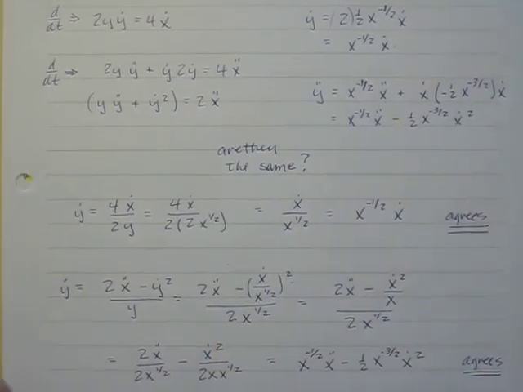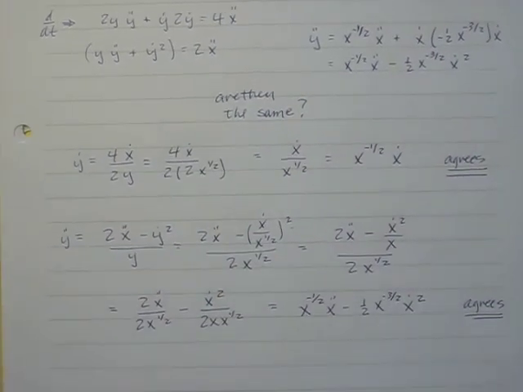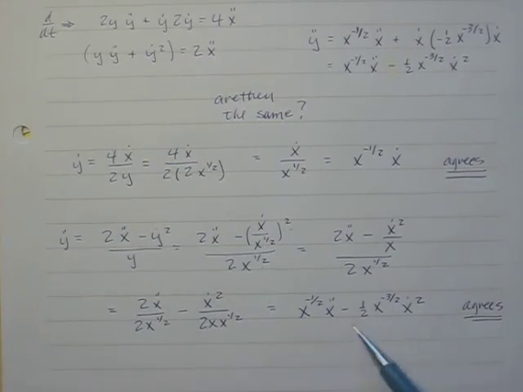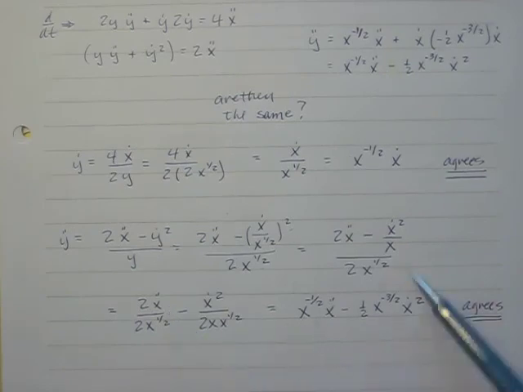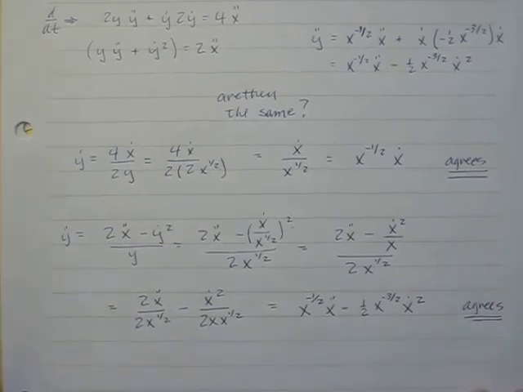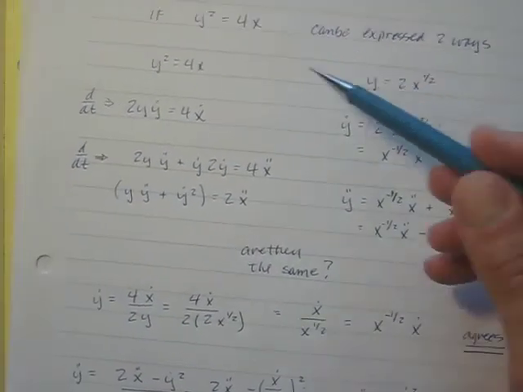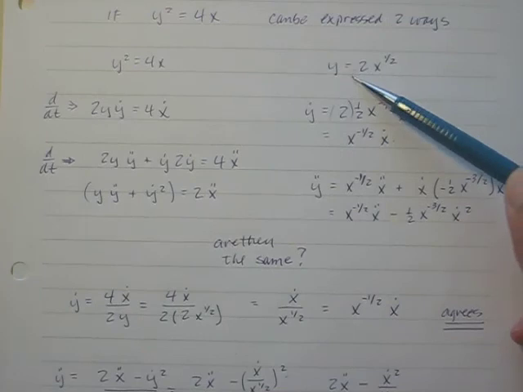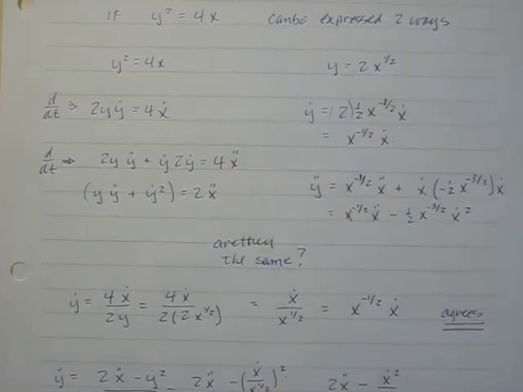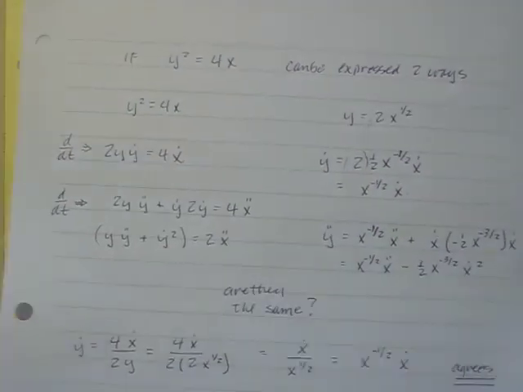And again, simplifying it, you can follow my math, but it does agree that taking the derivative this way still gets the same answer as you did over there, which is nice to know. So it doesn't really matter. You don't have to put it in terms of just y. You can take your derivatives in terms of y squared if you're careful, and it works fine.